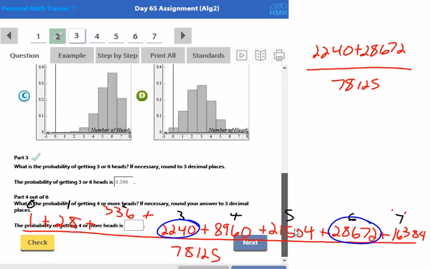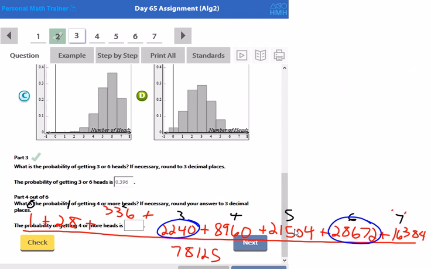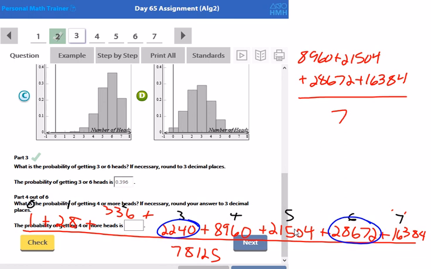The probability of getting 4 or more heads. Okay, so 4 or more heads would now be, starting with the 4, 8960 plus 21504 plus 28,672 plus 16,384, and then all of that divided by 78,125.